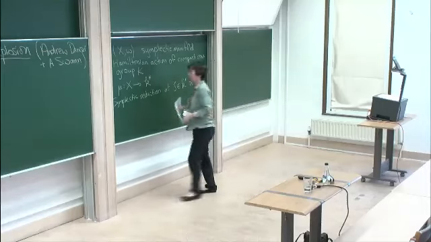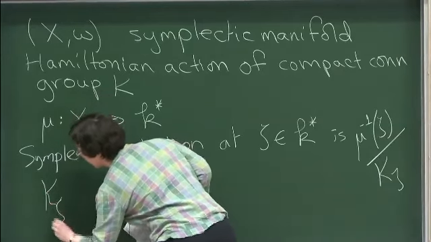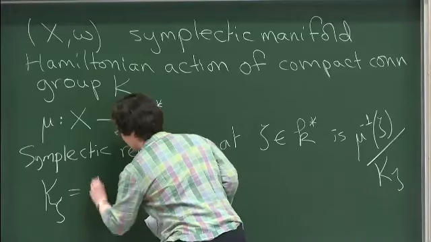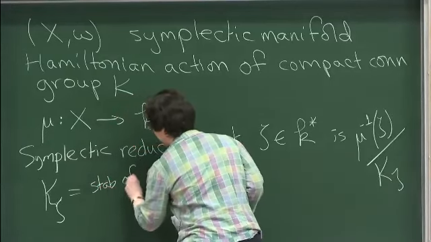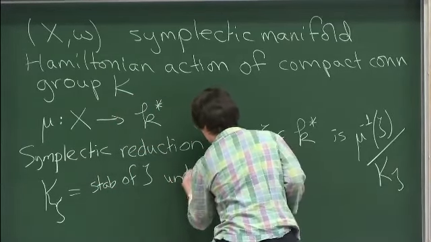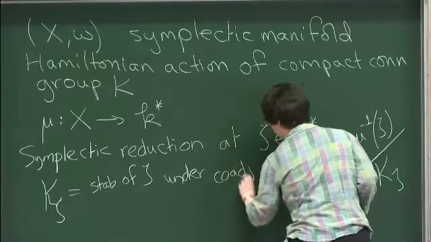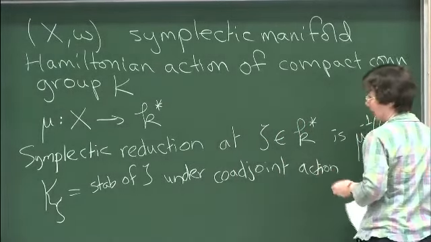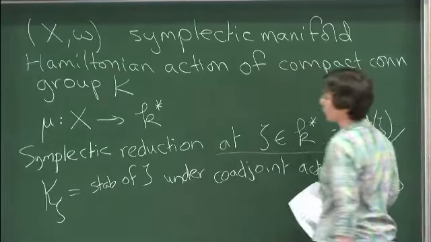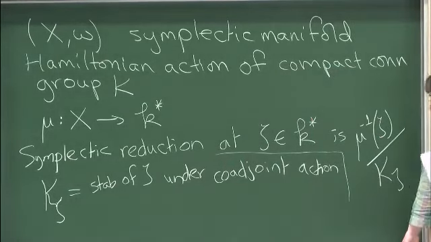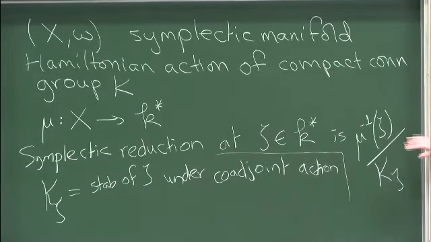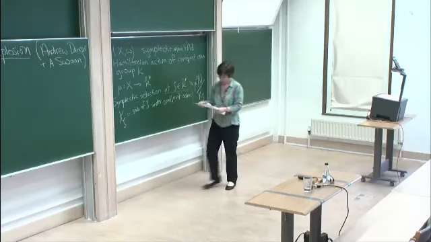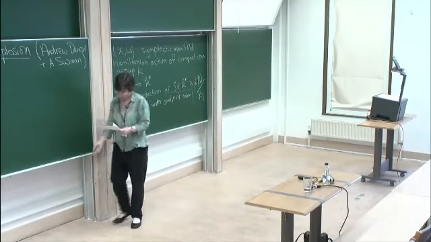Here K_zeta is the stabilizer of zeta under the coadjoint action. It turns out that this has a natural induced symplectic structure, and it will be a symplectic manifold if it is smooth, or at least an orbifold if zeta is a regular value of the moment map.